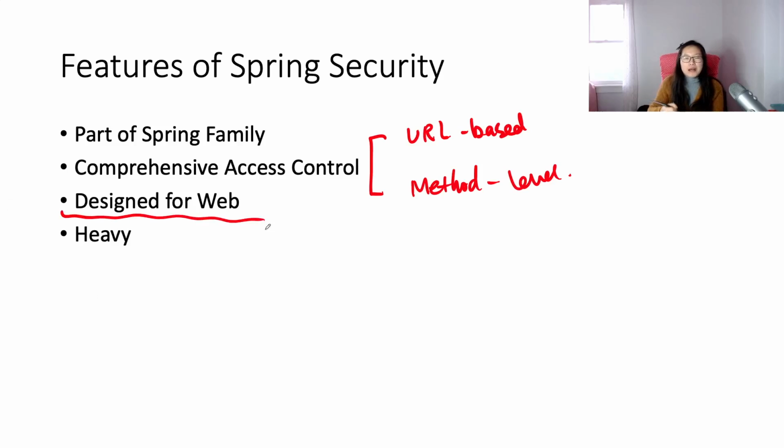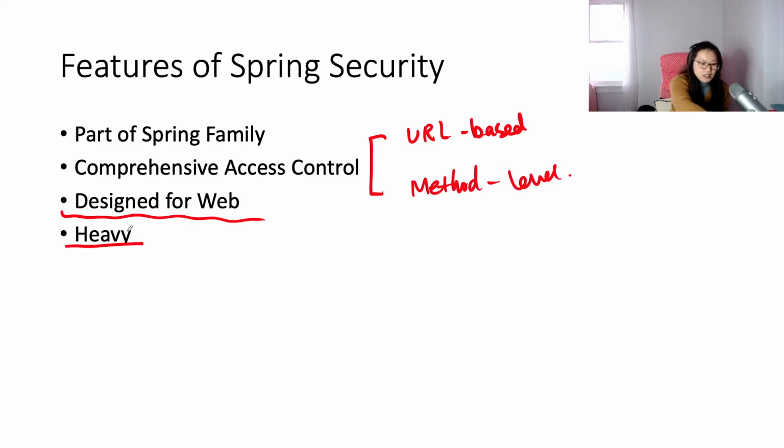Designed for web, but not limited to web. I forgot since which version, probably Spring Security 4 or 5, originally Spring Security was only used for web applications, but since then the Spring Security core was moved out. So not only for web applications, you can also use Spring Security for other non-web applications, but it's designed for web applications.